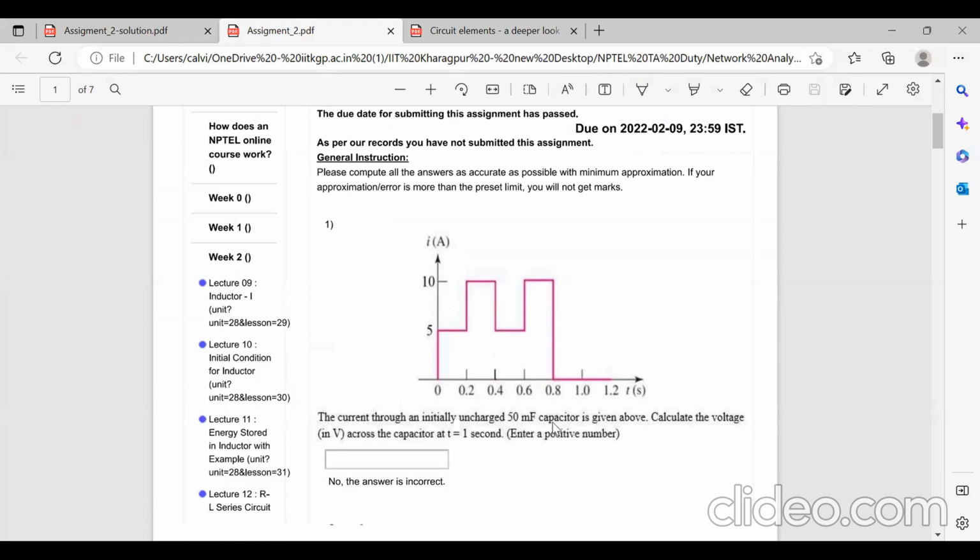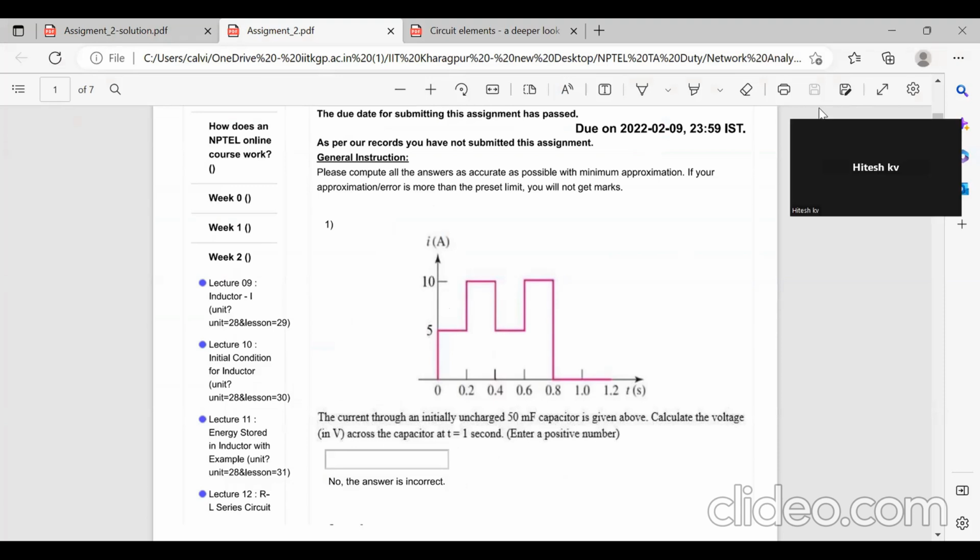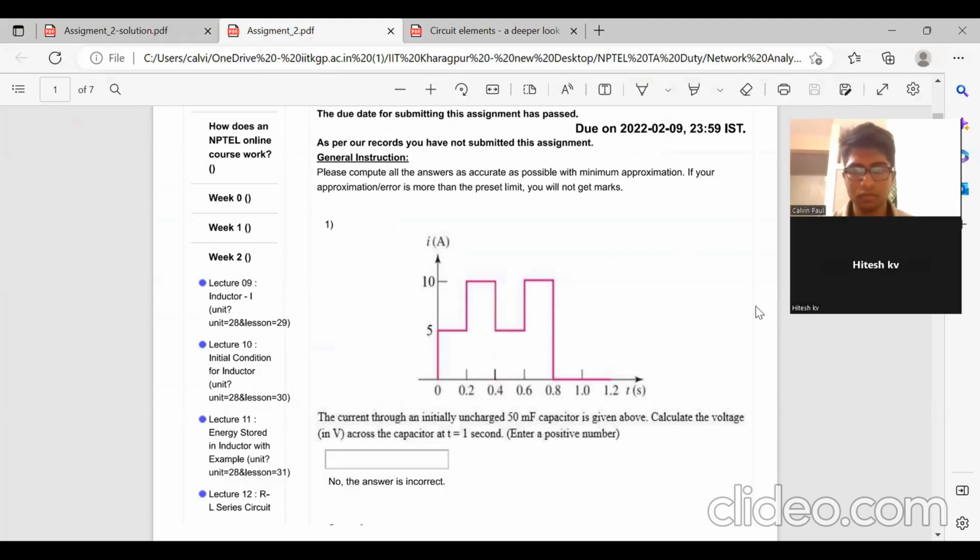So what do you mean by uncharged? It's not charged before, so there is no energy or any potential stored in the element.